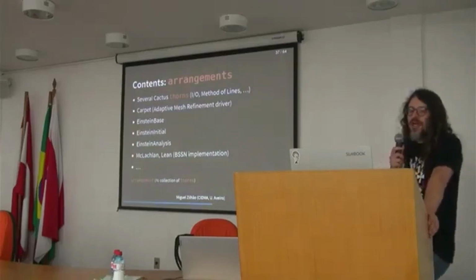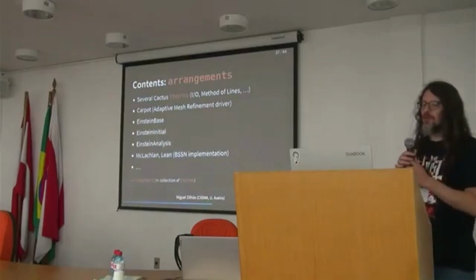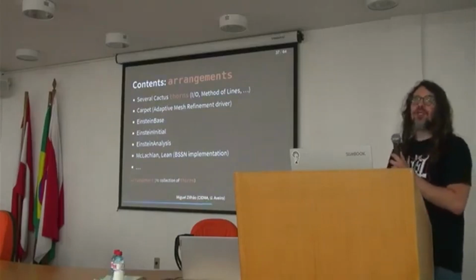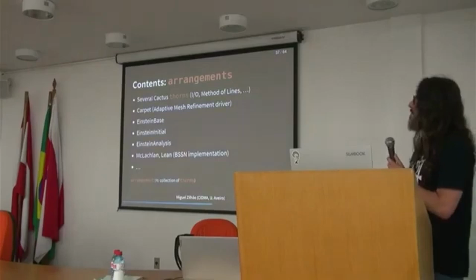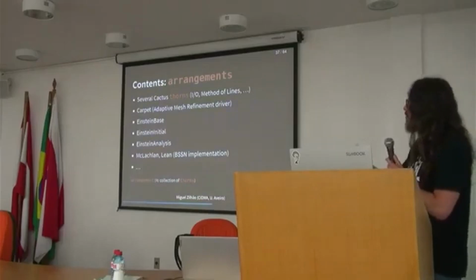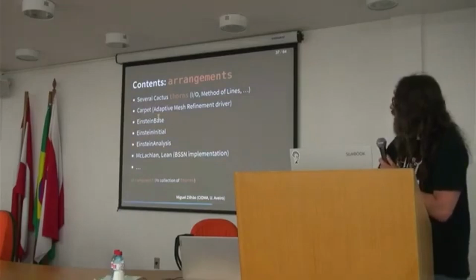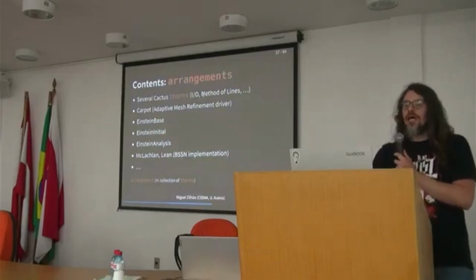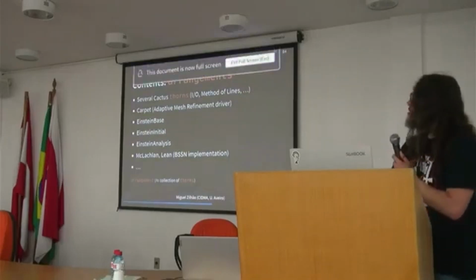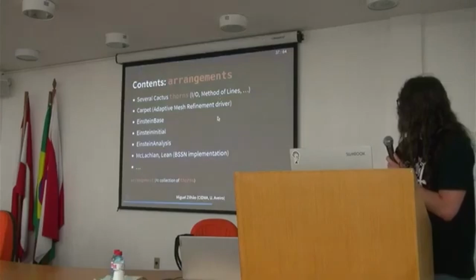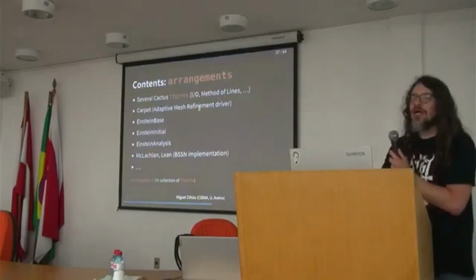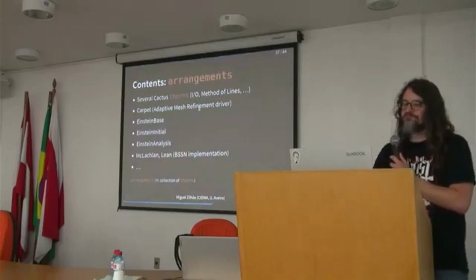Arrangements are collections of thorns which fit a common purpose, or at least have something in common that warrants them being organized into the same arrangement. In particular, one can have arrangements for initial data, for analysis, for evolution infrastructure, for different sorts of input-output, and so on and so forth.